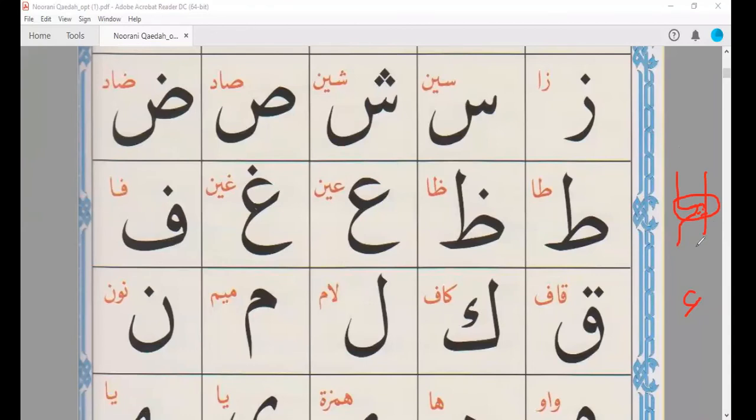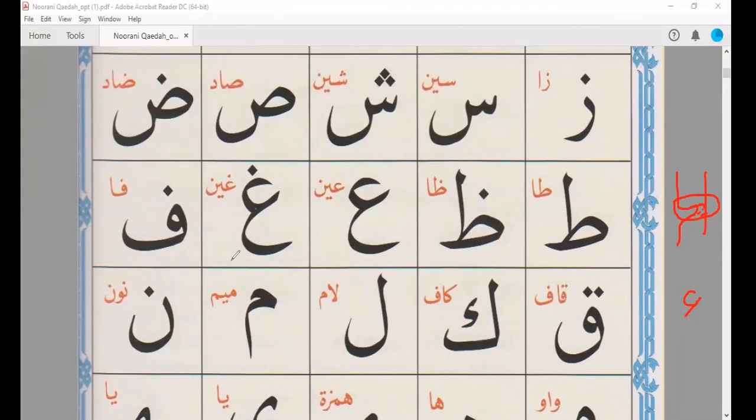Start slowly, ain, ain, and then you can go a bit clearer. Just do not close your throat. That is the biggest tip you can ever use in pronouncing ain. If you close the throat, it becomes a hamza. You don't want that.